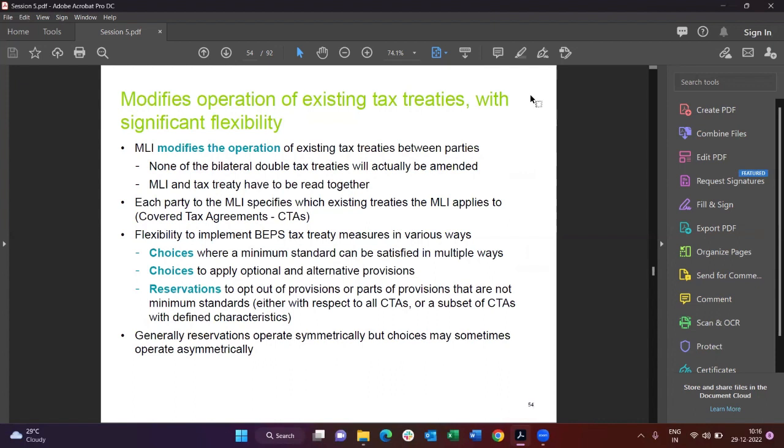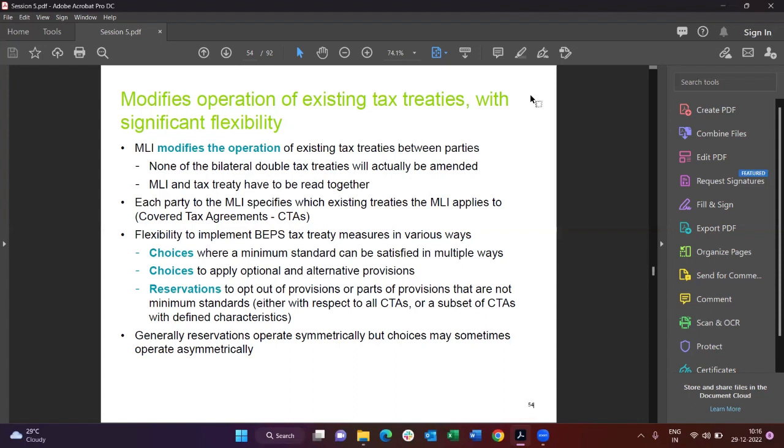And each party to the MLI, that is, each country, will specify which treaties need to be modified; the treaties that apply are called covered tax agreements. The countries had the flexibility to implement BEPS in tax treaties. There are 4 minimum standards, and for those there was a choice of how they can be satisfied.